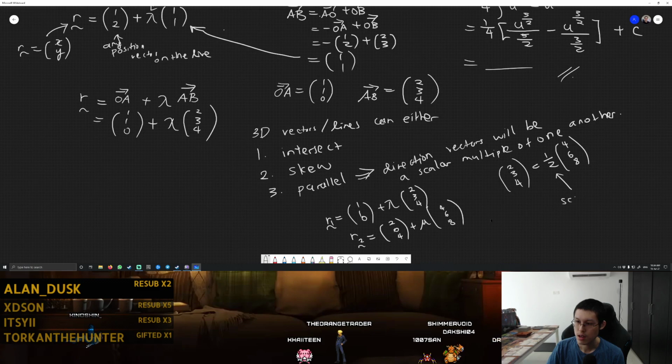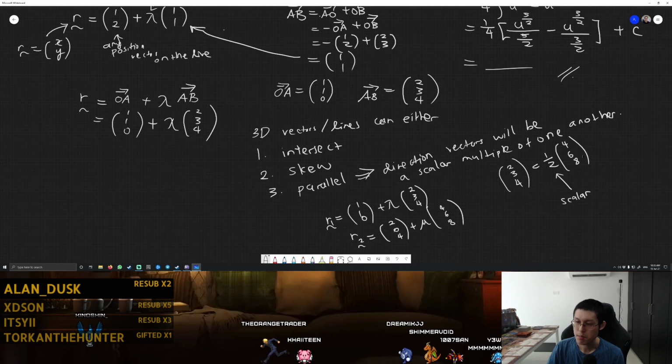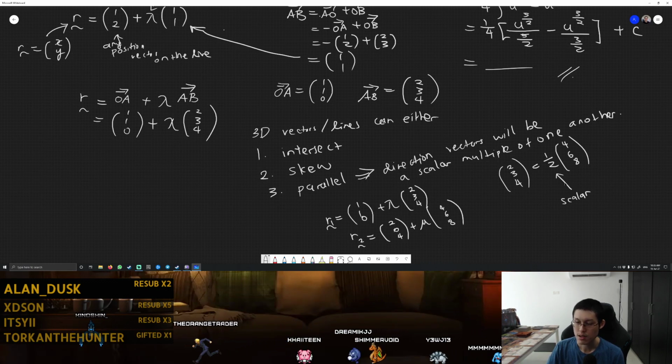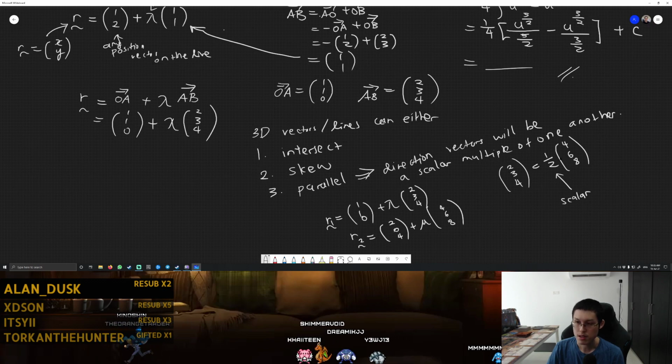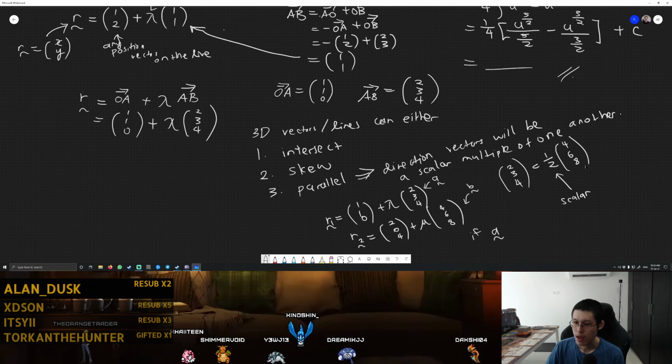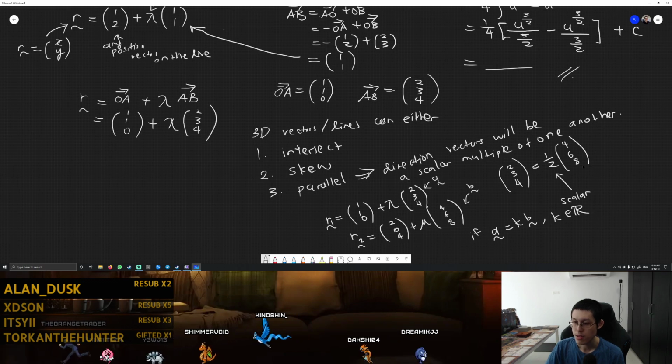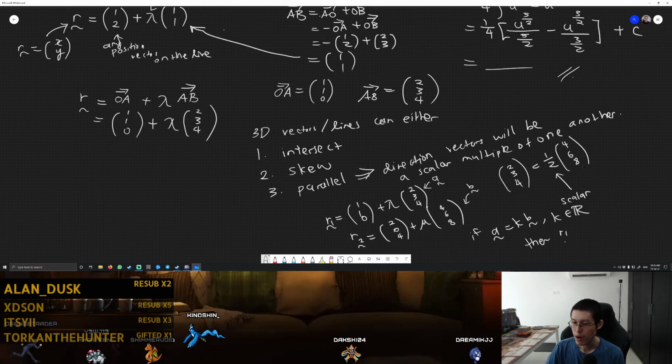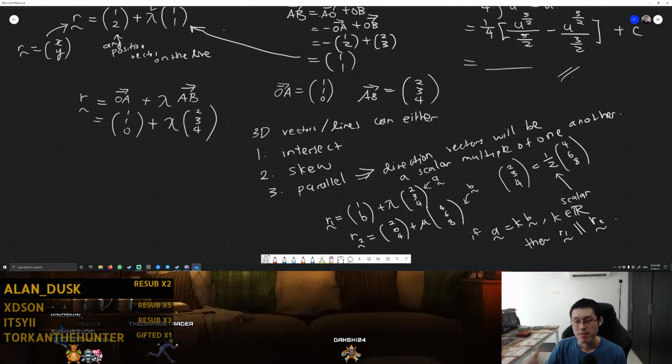So you can see this is a scalar multiple of one another. So let's say this guy is A, this guy is B. If A equals KB, where K is some real number, then R1 is parallel to R2.